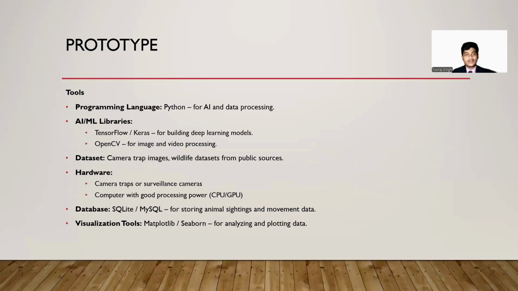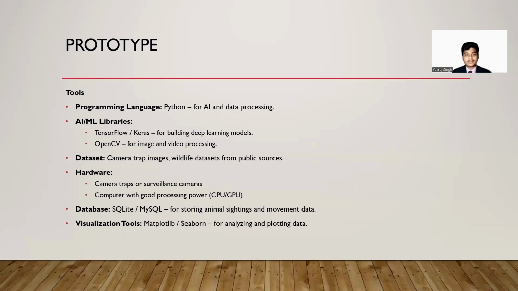Tools. Programming language: Python for AI and data processing. AI or ML libraries: TensorFlow, Keras for building deep learning models. OpenCV for image and video processing. Dataset: camera trap images, wildlife dataset from public sources.